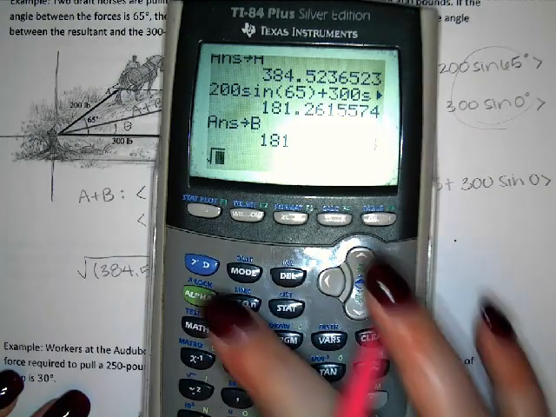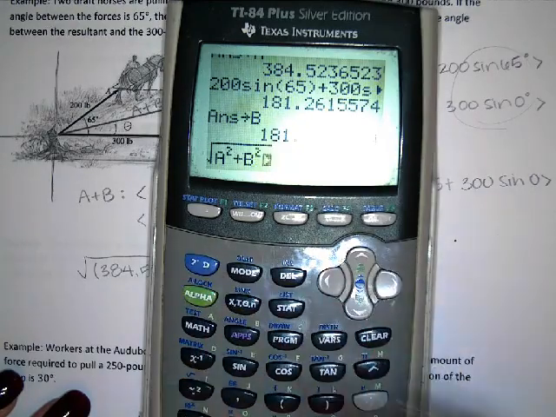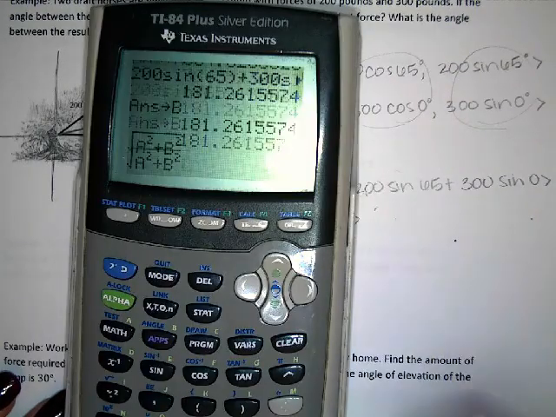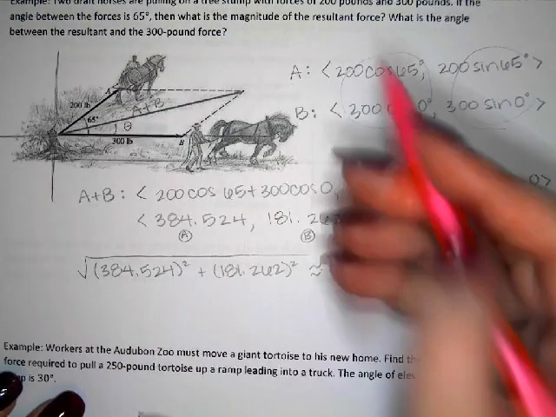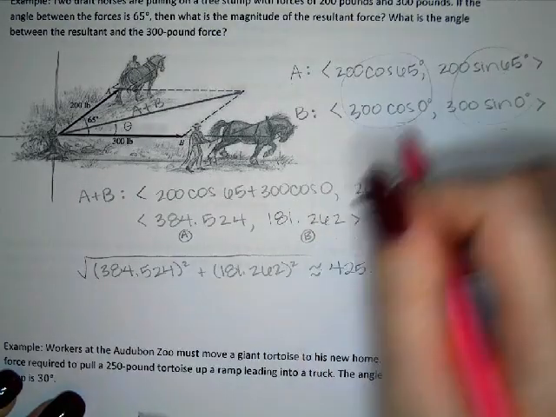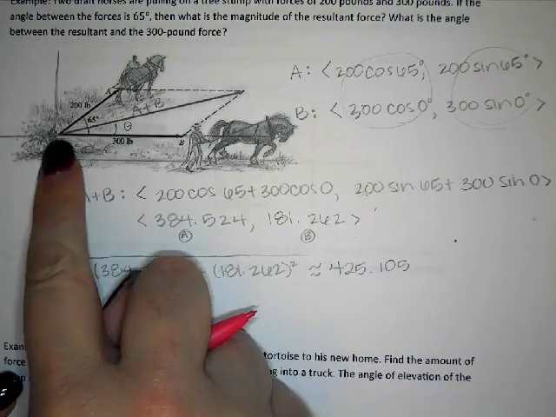So the resultant force is 425.105 pounds of force. So that means that if you had 300 pounds of force going this way and 200 pounds of force going this way, the resultant is that on the tree stump you have 425 pounds of force going this direction. That's what's happening.